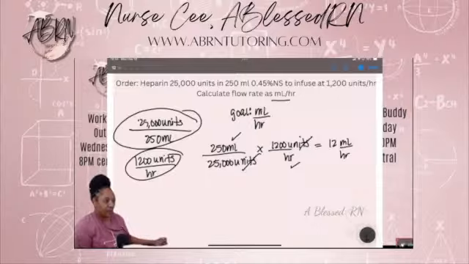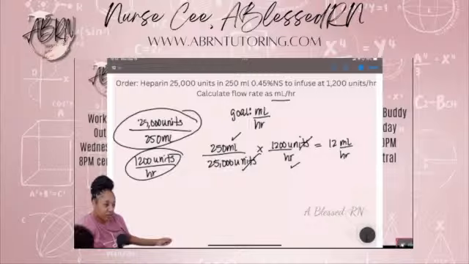I'm trying to figure out, I don't think there's a formula, because when you do a formula for drop factor it is either milliliter on the top and hour on the bottom, or volume over time in minutes times your drop factor. So with something like this, I think it would be beneficial to find a ratio. Or no, you could do desired over have times your quantity.